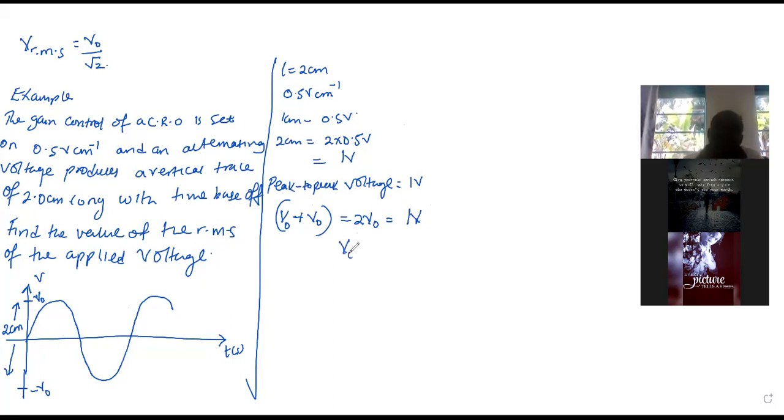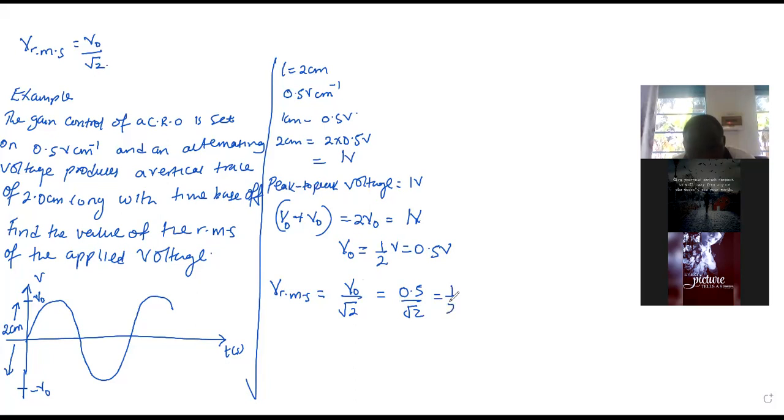Therefore, the peak voltage is going to be 1/2 volts, which is 0.5 volts. So if the peak voltage is 0.5 volts, then the root mean square value of the voltage which is applied will be the peak voltage out of √2, which is 0.5 divided by √2, and the answer is 1/2 √2 volts.